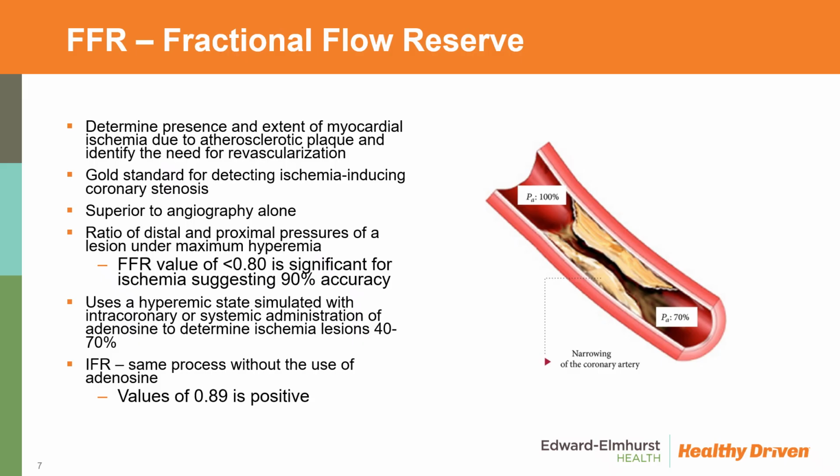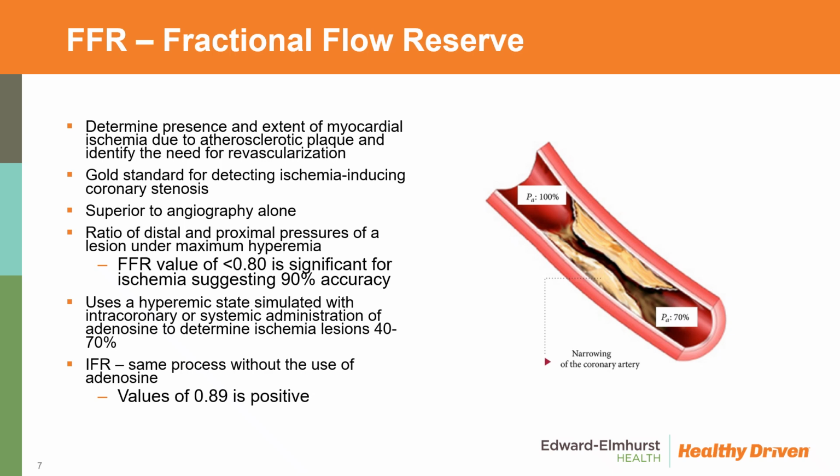We give adenosine, and our wire takes these values and converts it into a decimal to identify how stenotic this lesion is. And since we were doing FFR and using adenosine for such a long time, a new process came out where we can actually find a very similar value with iFR.